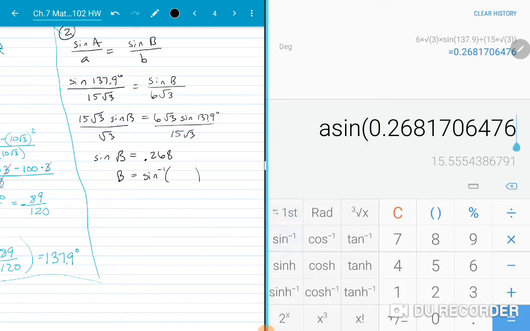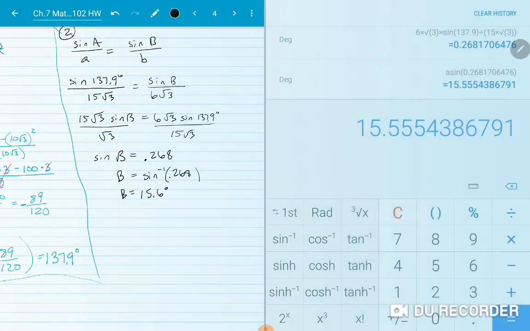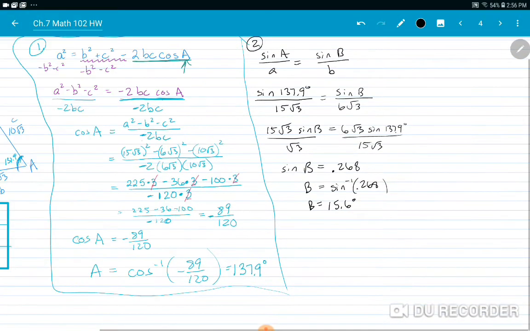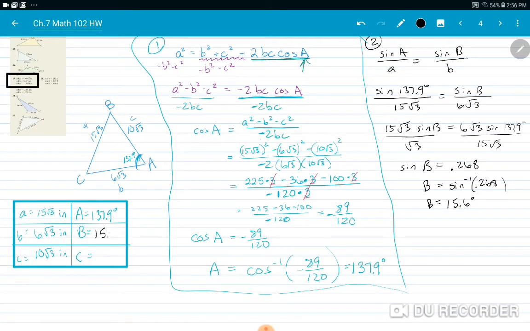Sine inverse. And I get B is 15.6 degrees, rounding to the nearest tenth. So now I can stick a 15.6 right here.